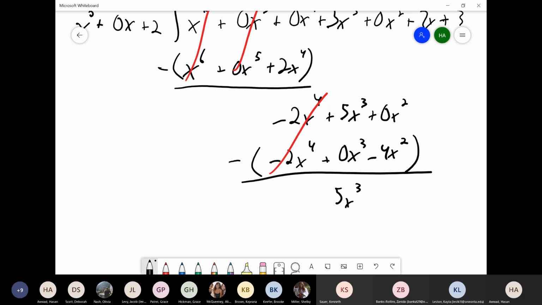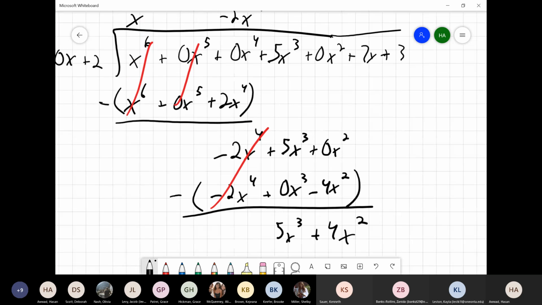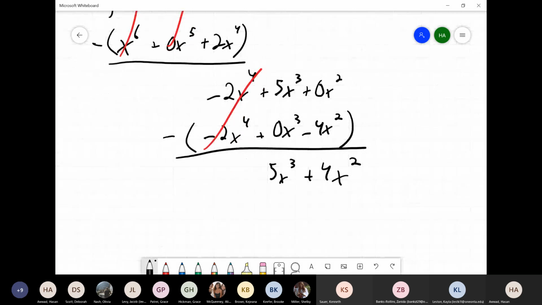And then you have 0x squared plus 4x squared, right? Minus a -4x squared makes it plus. So plus 4x squared. Okay, so we got rid of that leading term, -2x to the 4th. That's how you know you're making progress. We pull down our next term, which in this case is 7x. So pulling down the next term, we have plus 7x here.